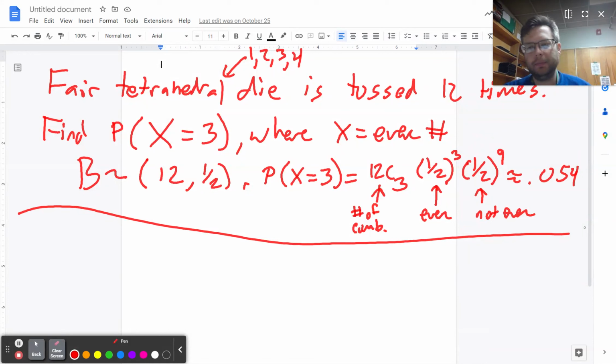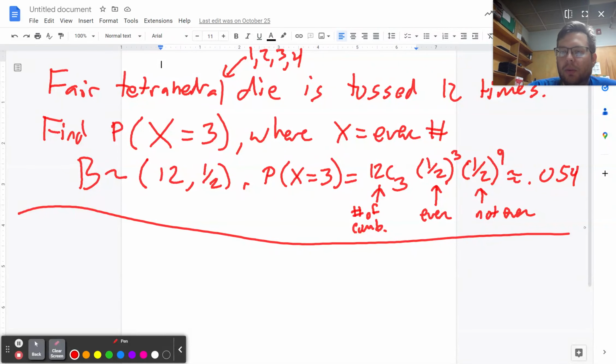You can use binomial distributions to represent all kinds of things. For example, let's say that you know that your car is going to break down on any given drive. You know, some of us have very unreliable cars.